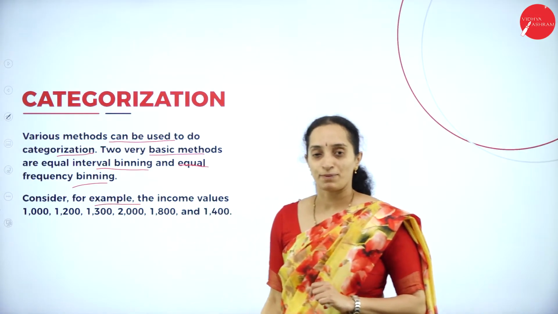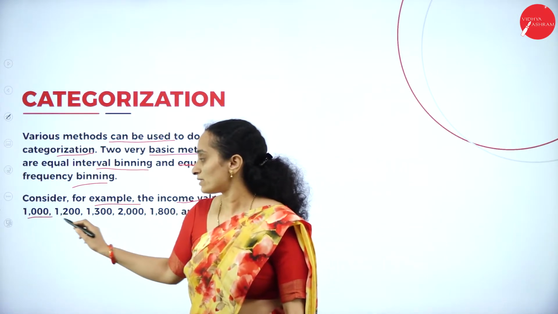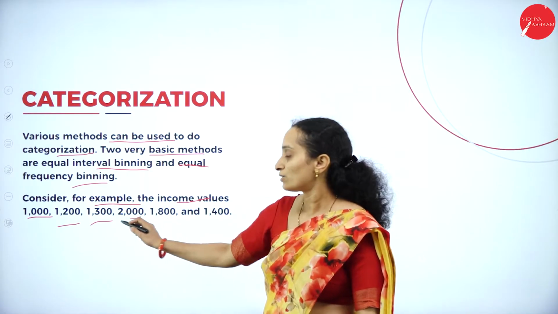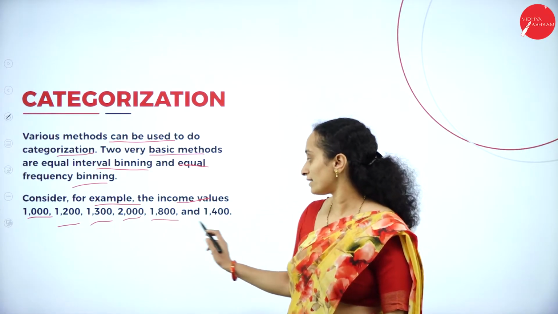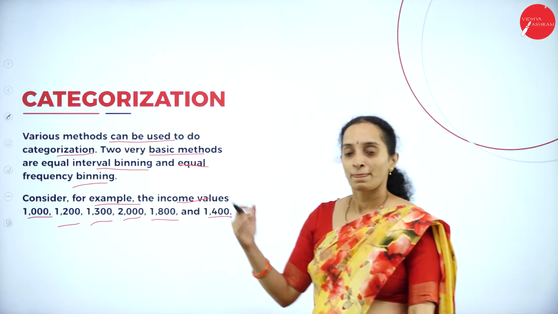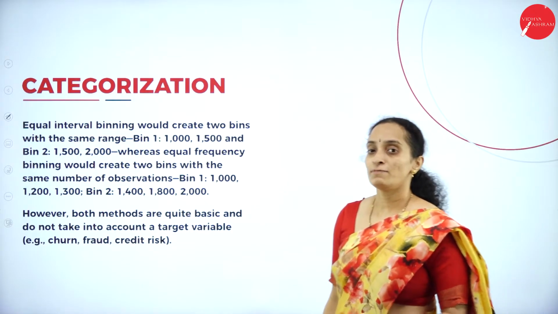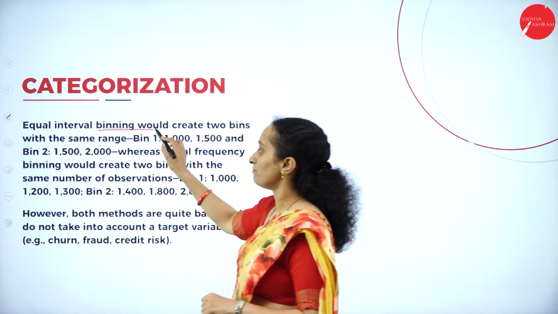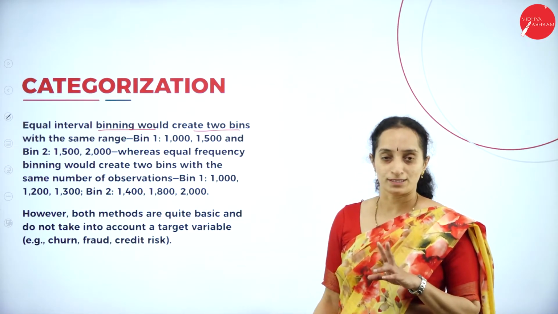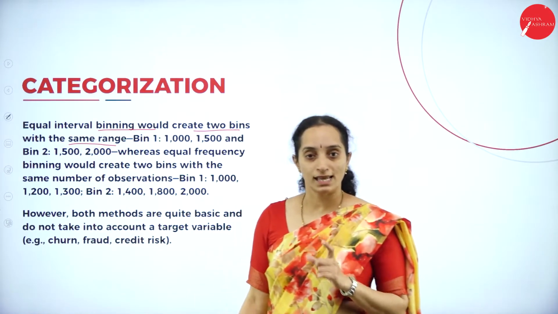Say, for example, the income values are 1000, 1200, 1300, 2000, 1800 and 1400. We have these non-monotonous values. Equal interval binning would create two bins, or two groups, or two clusters, with the same range.